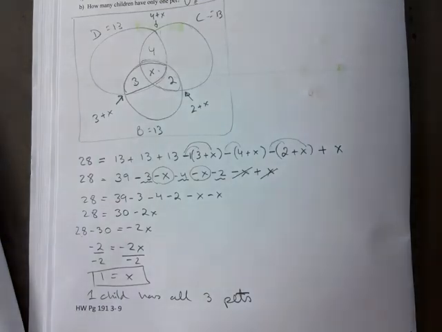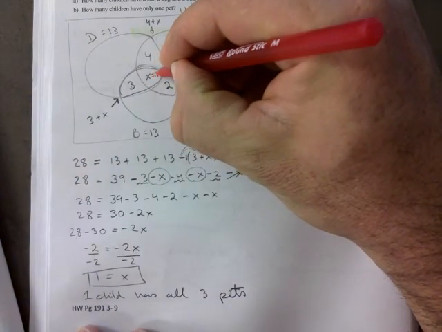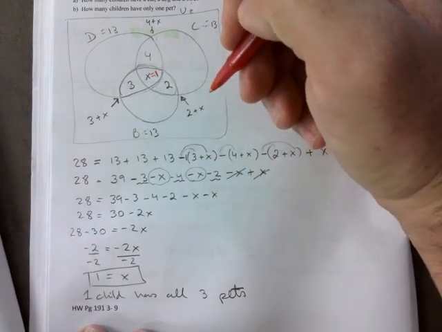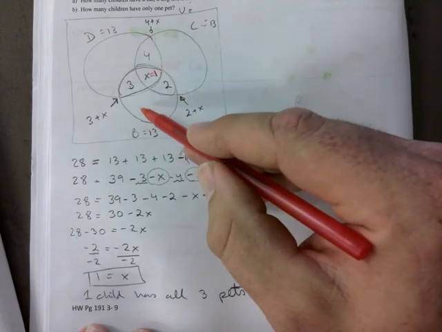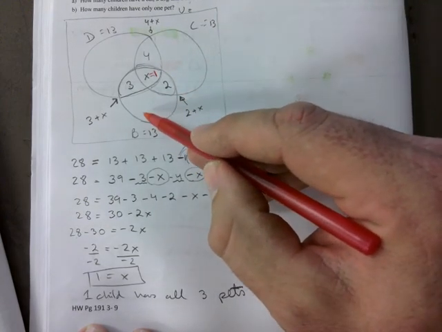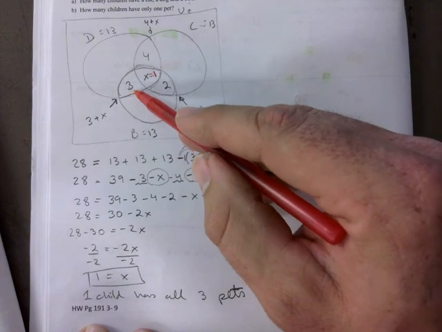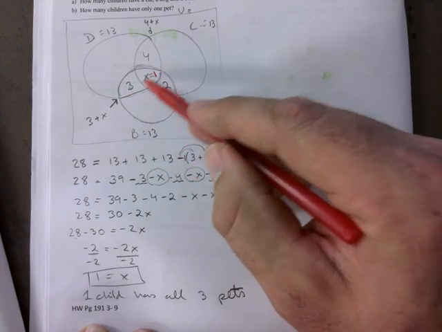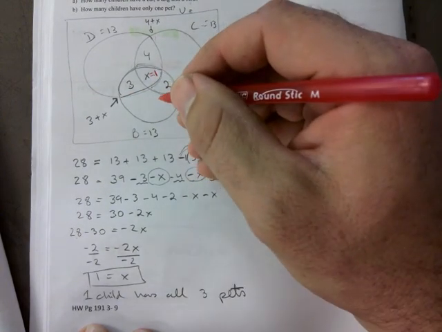Okay, I'm using a red pen here. So this is now 1. So this section here would be 13 minus 3, that's 10, minus another 3, that's 7, right?